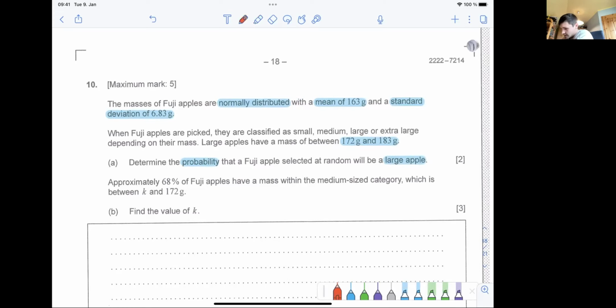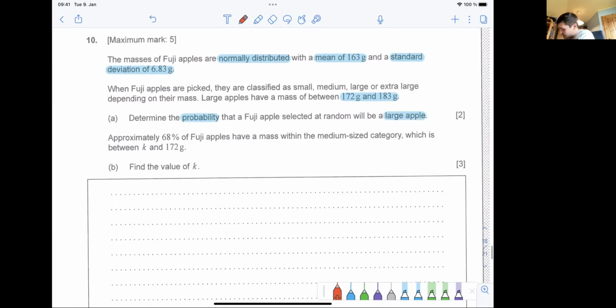Okay, so the way we denote a normally distributed variable: a standard letter to use is N. You don't have to, but we go X, squiggly line, N to represent that it's normally distributed. And then in brackets, we put the mean, which is mu, followed by sigma squared, which is the variance.